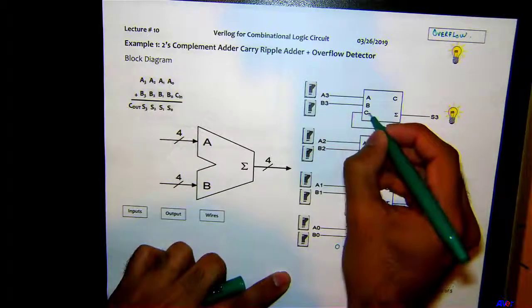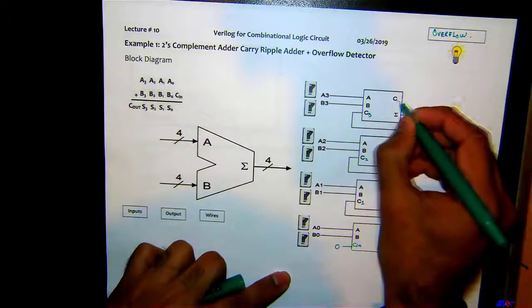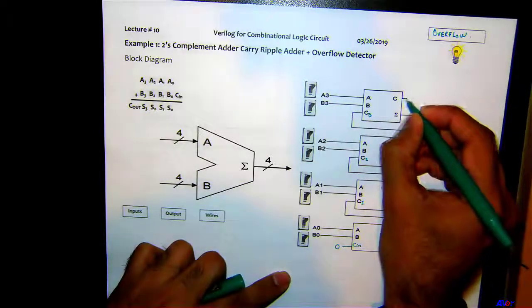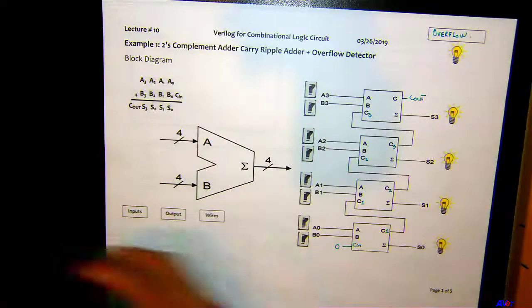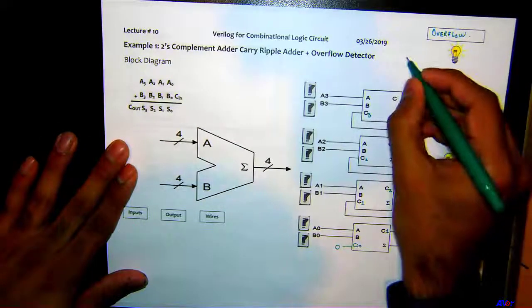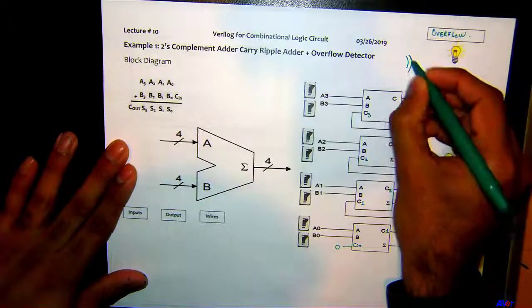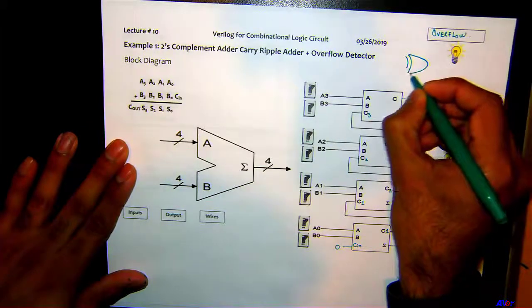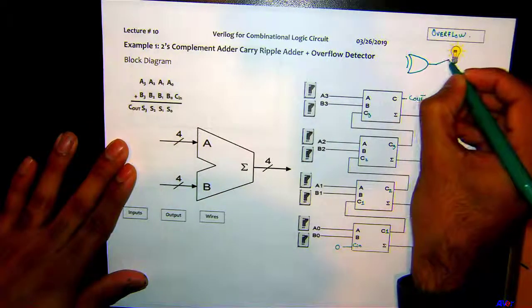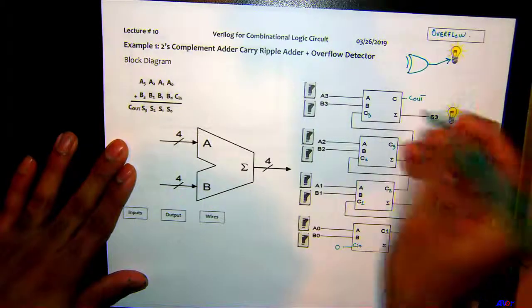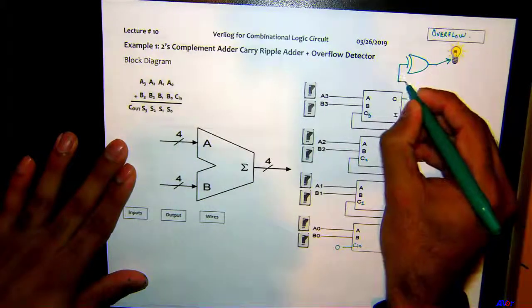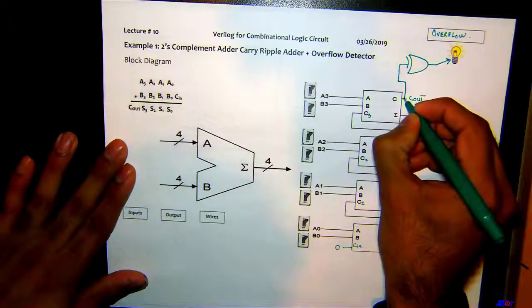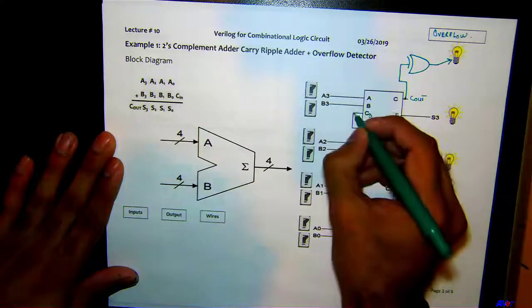So this is your C3, and this is your Cout right here. And we came up with the expression for overflow from the previous example, which would be what? This Cout, and what would be the other input? C3, correct. Good, awesome.